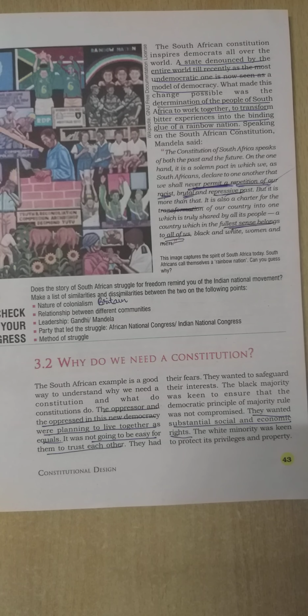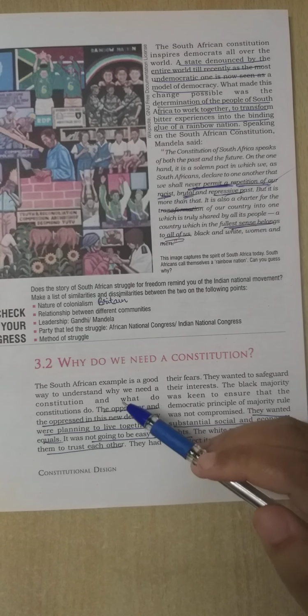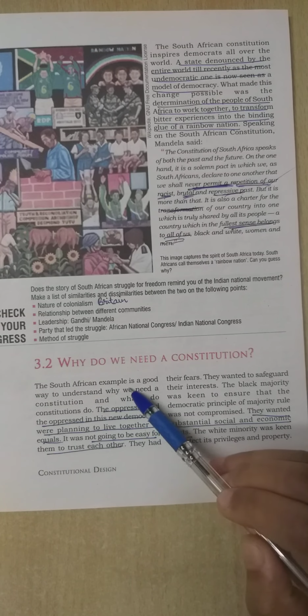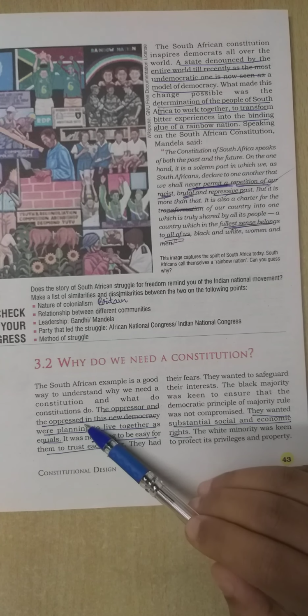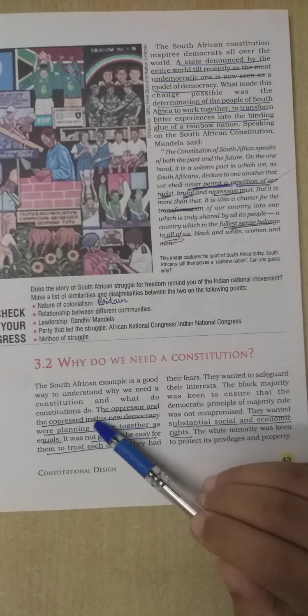So now when we talk about the constitution and the values of a democratic country, and so many things regarding it, the question that arises is: why do we need a constitution? So let's read about that. The South African example is a good way to understand why we need a constitution and what constitutions do.